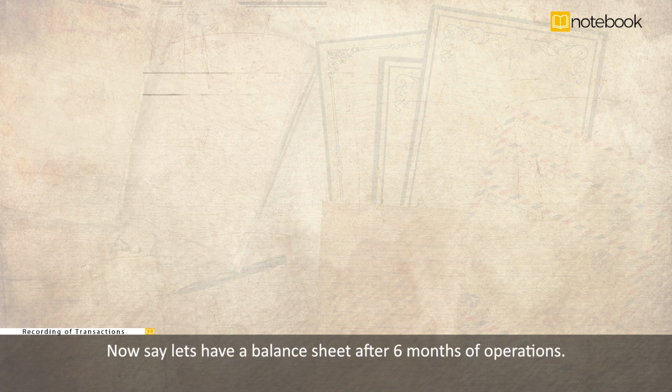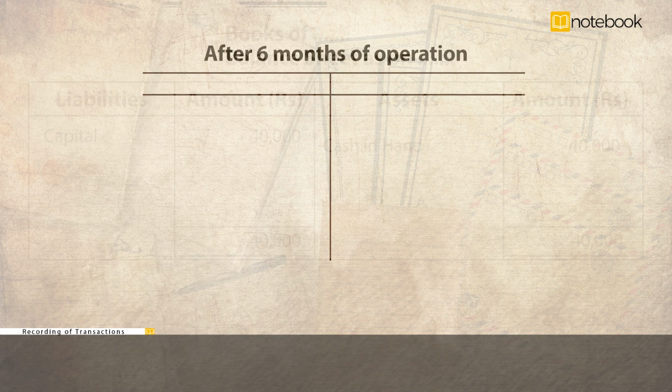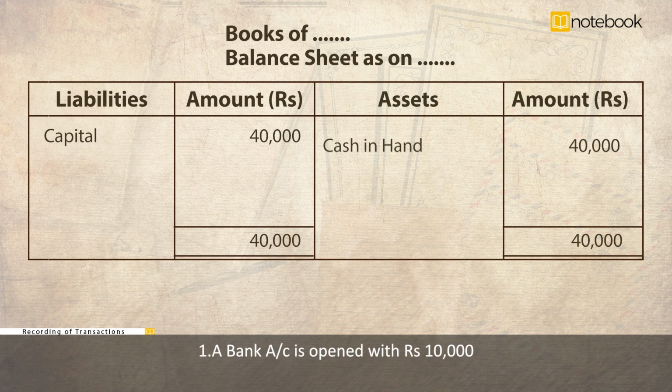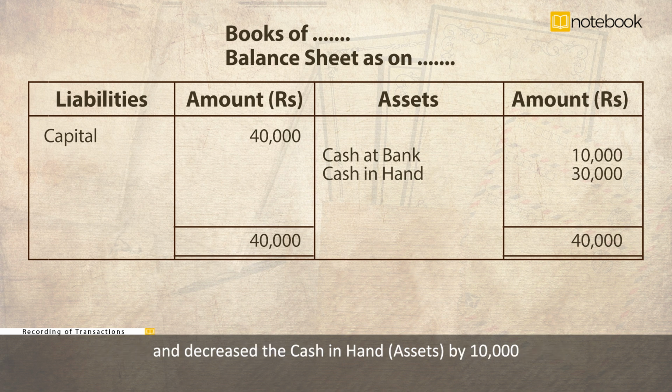Now say, let's have a balance sheet after 6 months of operation. Number 1. A bank account is opened with 10,000 rupees. So, in this case, the transaction increased the cash at bank, that is assets, and decreased the cash in hand by 10,000 rupees.